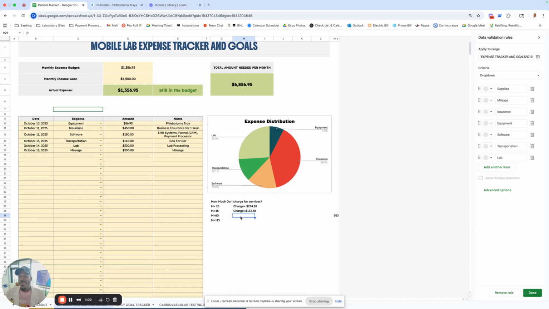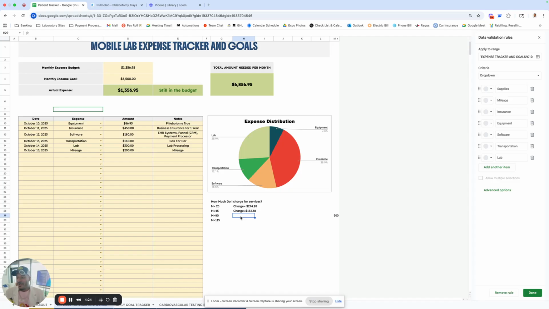Let's try it again. You're like, oh, but that may be a little bit too expensive for my patients. Let's do more patients so that we can make the price or the charge amount, right, a little bit cheaper and affordable for our customers. So you say, okay, we're gonna do the same exact thing, but 6,856.95, and we're gonna divide that by 80 patients in a month, which means you're gonna have to charge this amount.